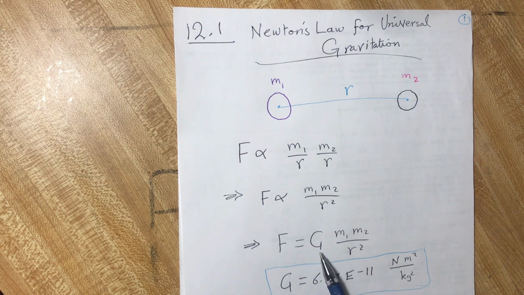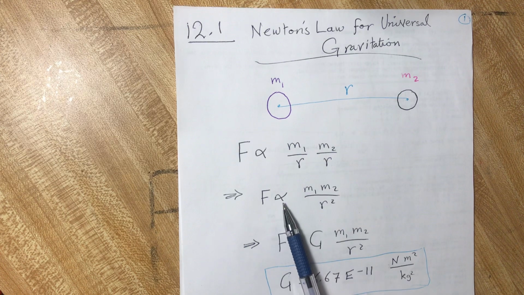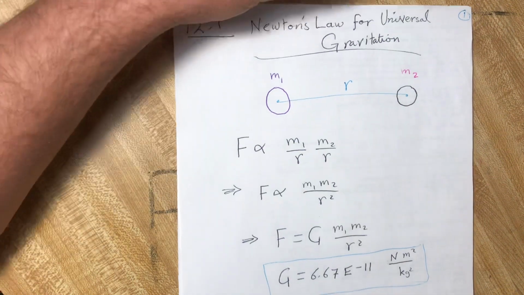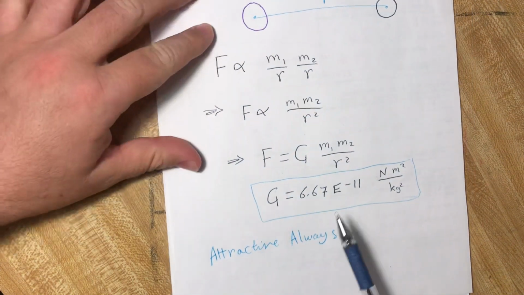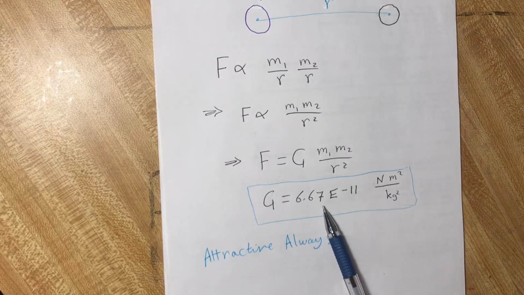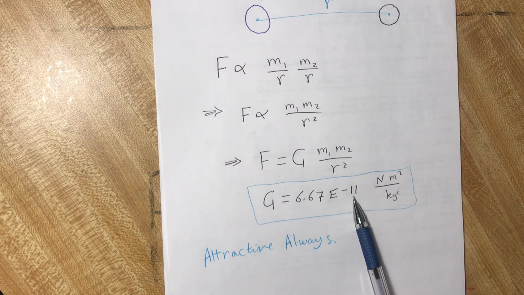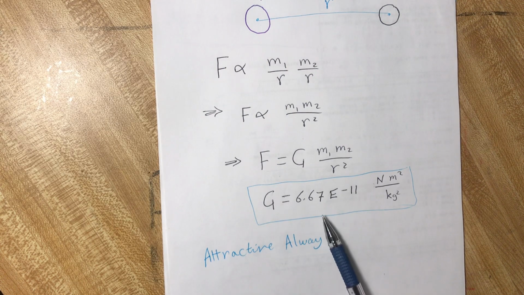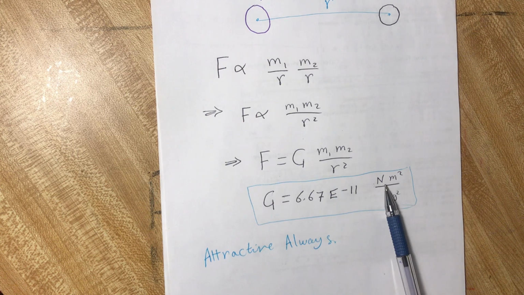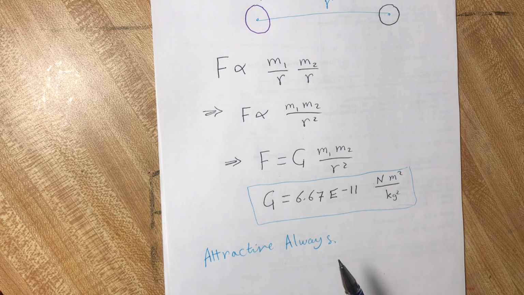To change the relation to an equality, we need to use this constant, the universal gravitational constant, which is 6.67 multiplied by 10 to minus 11. Its unit is newton meter squared over kilogram squared. And this force is always attractive.